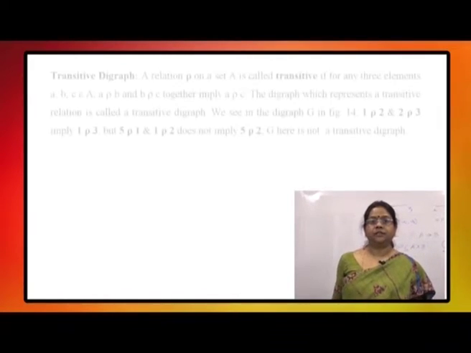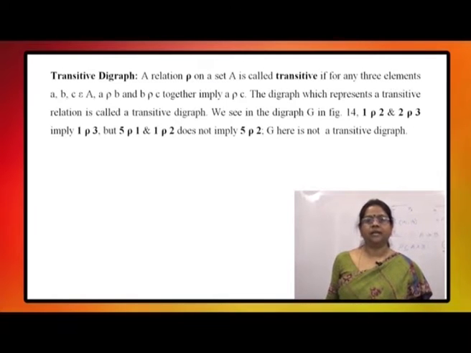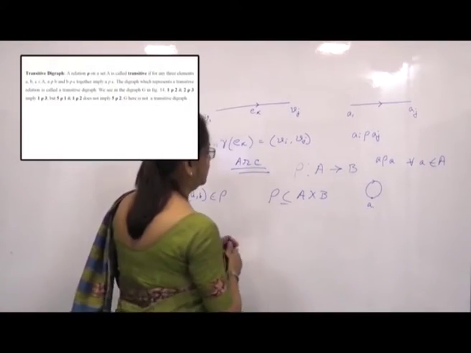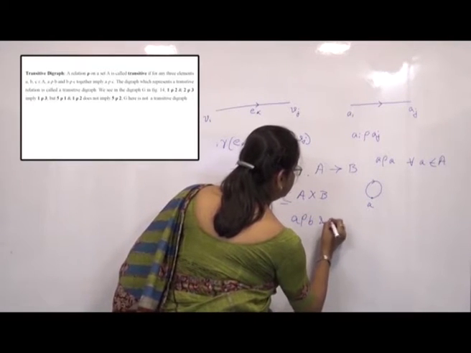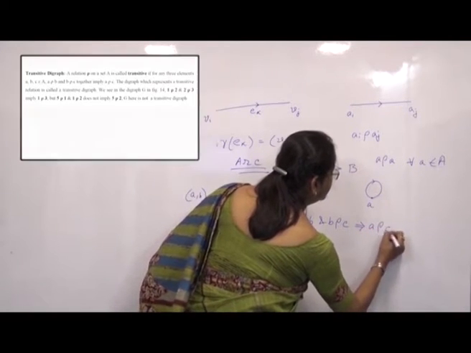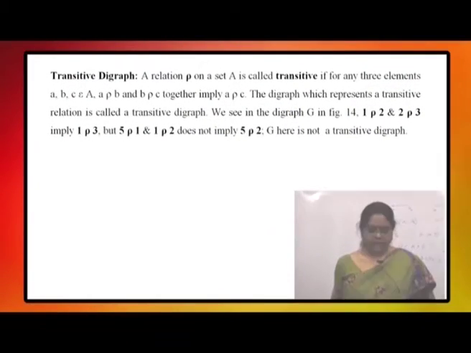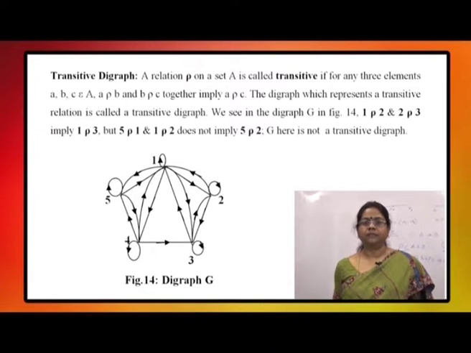Now what is a transitive relation? We know a relation rho on a set is called transitive if for any 3 elements A, B, C in A, A rho B and B rho C implies A rho C. The digraph which represents a transitive relation is called a transitive digraph.